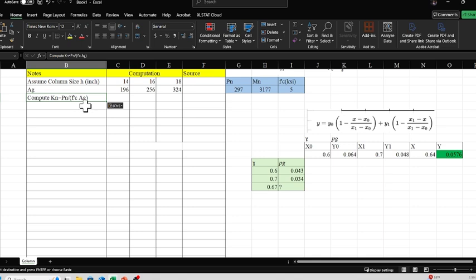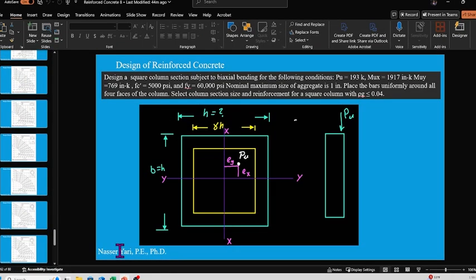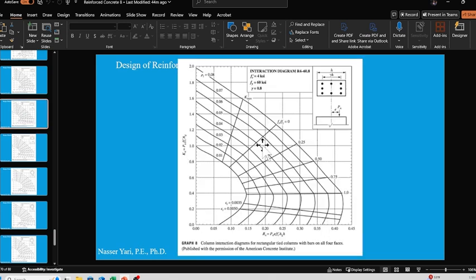The reason we're going to compute that, let me go back to the PowerPoint for a second. When you look at the interaction diagram, you've seen this before. You have on one side Kn, and on the other side you have Rn. So we're going to calculate both the Rn value and the Kn value. We have all the values, so we can calculate these two numbers.